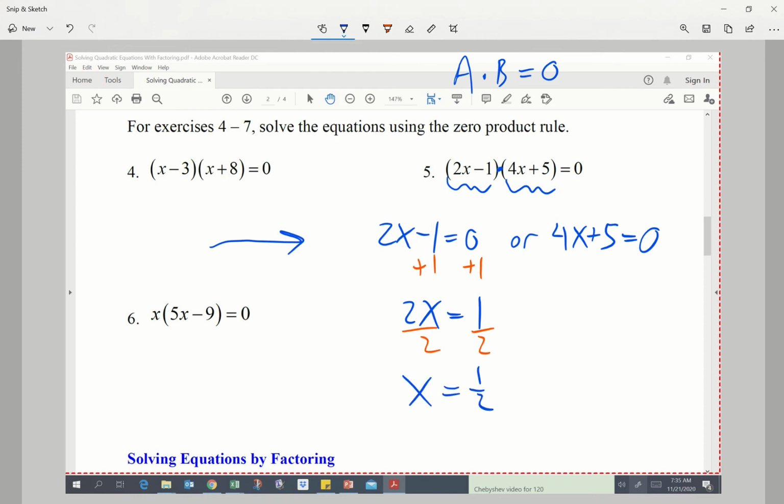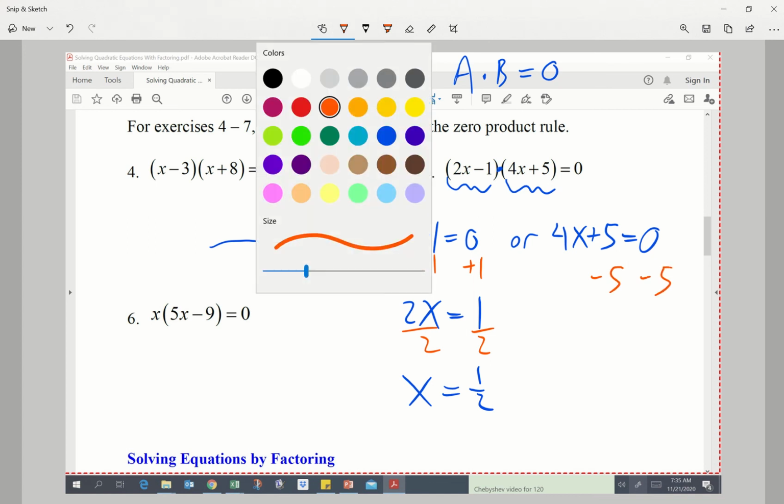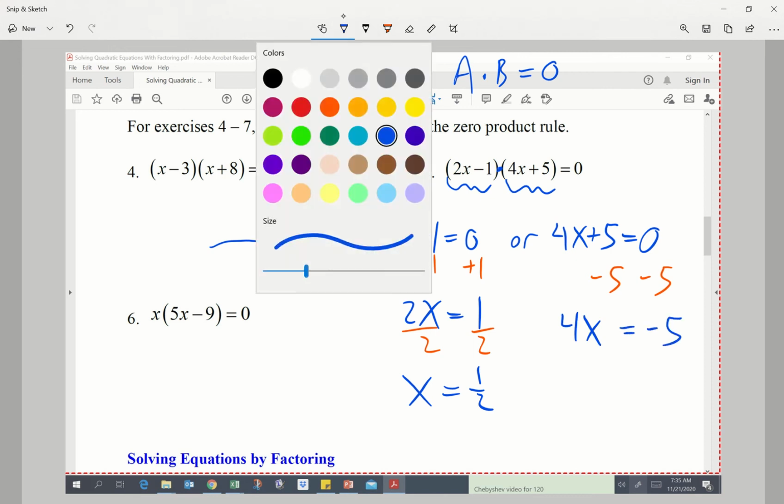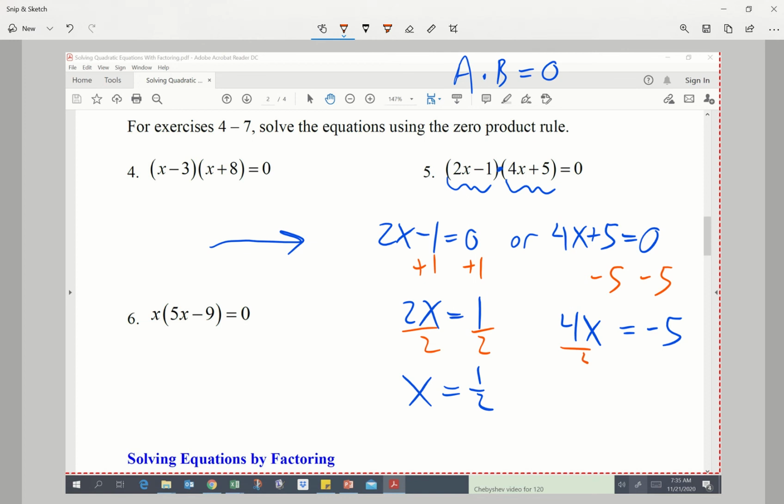That's one solution. Over here, to solve for x, we would first subtract 5 from both sides. We get 4x equals negative 5. And then the very next step, to get the x by itself, we would divide by 4.